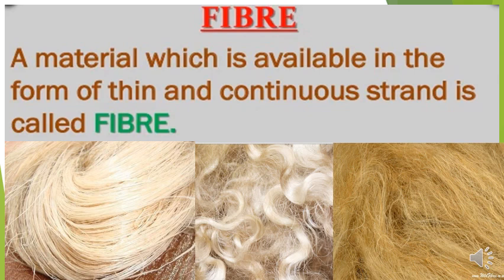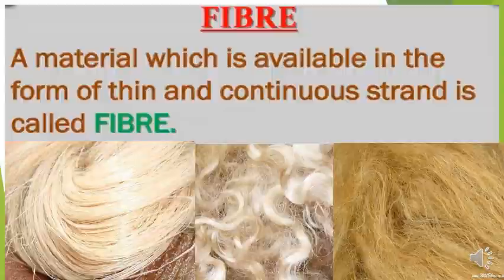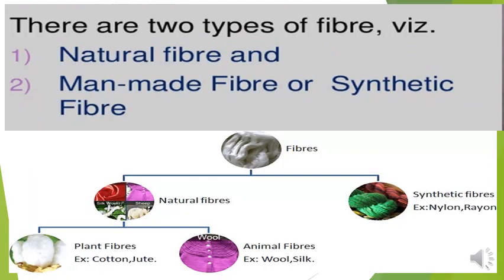A material which is available in the form of a thin and continuous strand is called fiber. It is the thin and continuous strand. Looks like hair, right? This is the fiber. Already we know that fiber is classified into two groups, right?